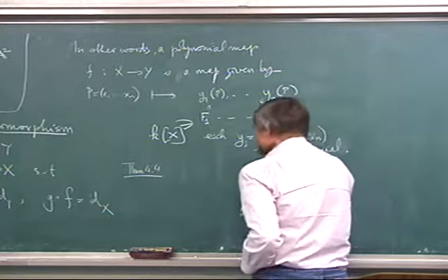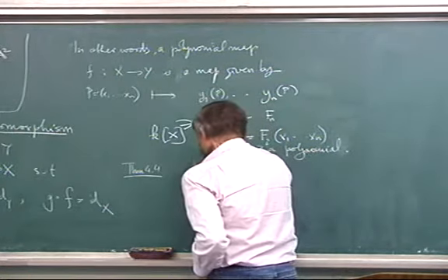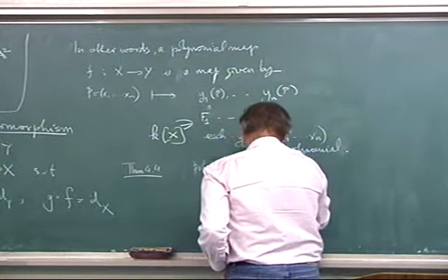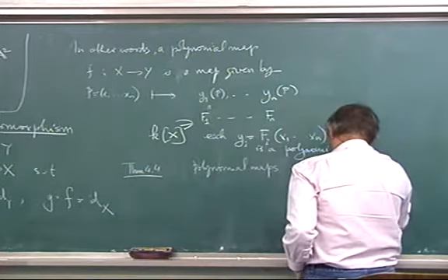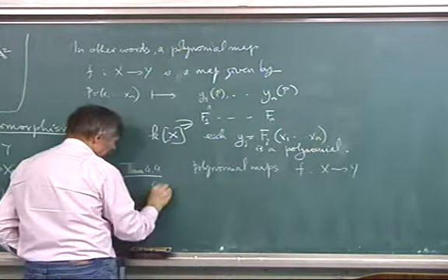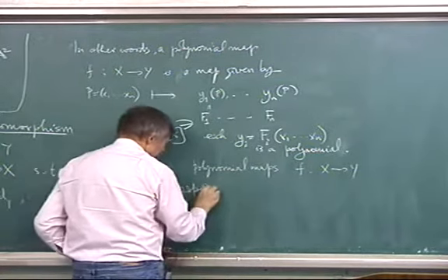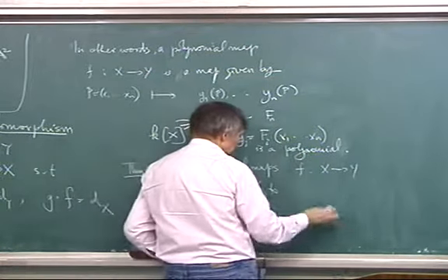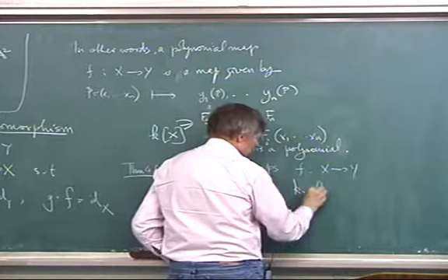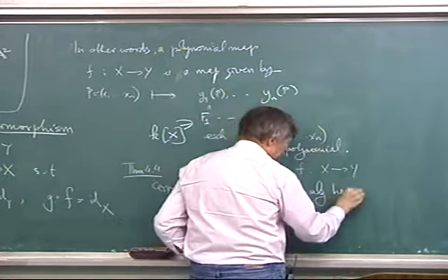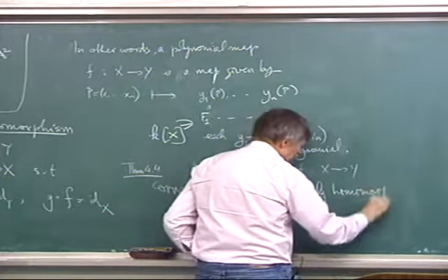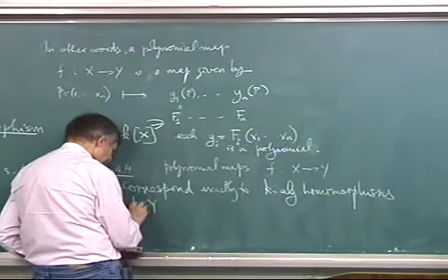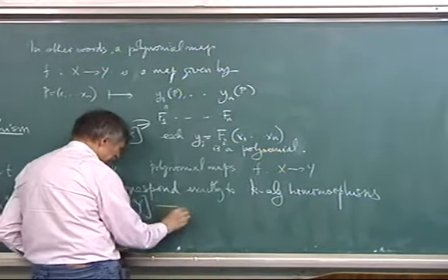Okay, so the thing we get is Theorem 4.4 of the book. It says basically that polynomial maps f from X to Y correspond exactly to k-algebra homomorphisms k[Y] maps back to k[X].